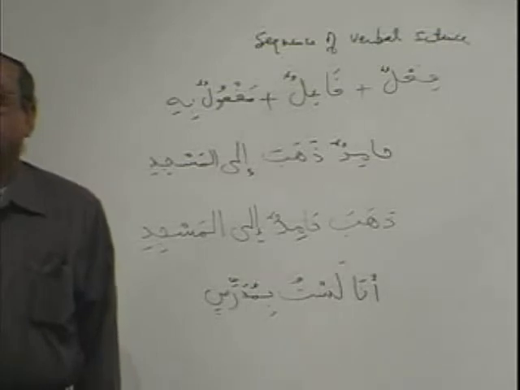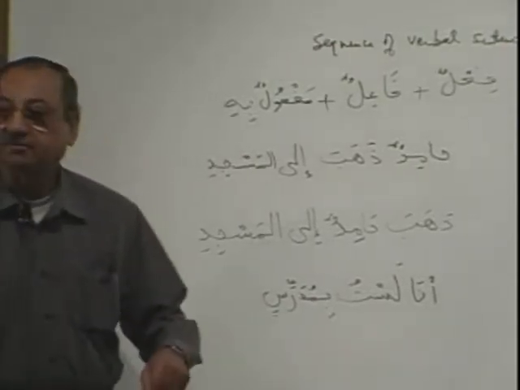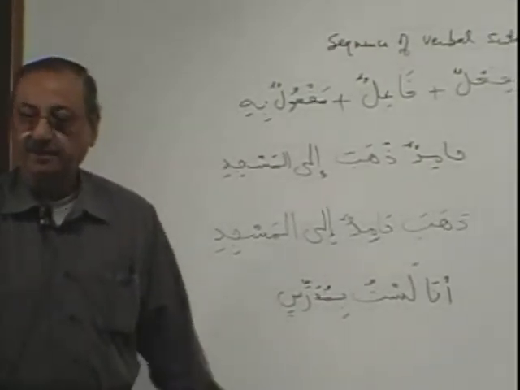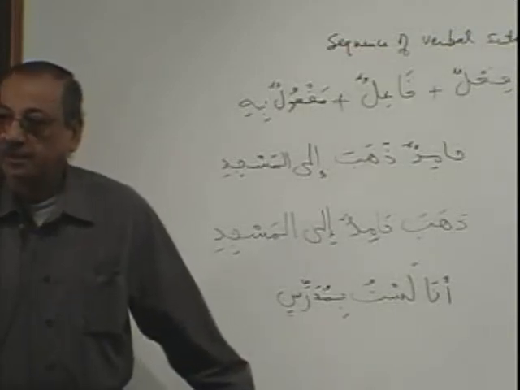So, Ana, what is Ana, brothers and sisters? Mubtada. Then we have lastu. There is a fi'l, Laysa, in it. Okay? And where is the ismu Laysa? Tu. Are you with me?